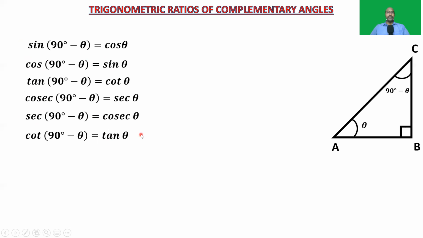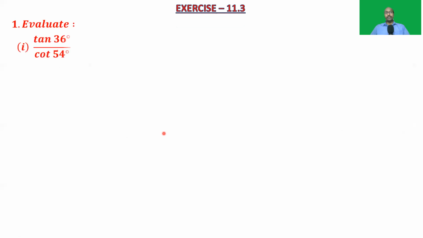Okay. So let us solve the problems based on this concept, complementary angles, in exercise 11.3. First one: evaluate tan 36 degrees by cot 54 degrees.